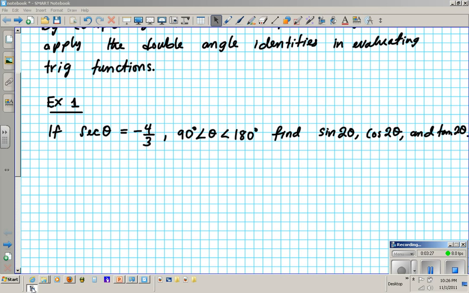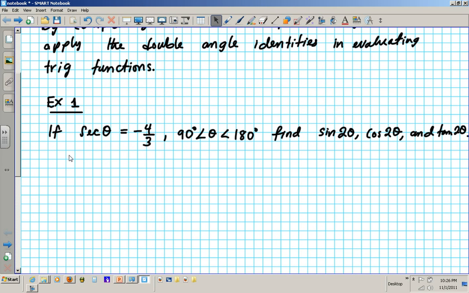So let's see. First thing we want to do is identify the double angle we want to find first. How about we look for sine 2 theta first? So everybody write this down, sine 2 theta. What is sine 2 theta, using the formula sheet in the expanded form?